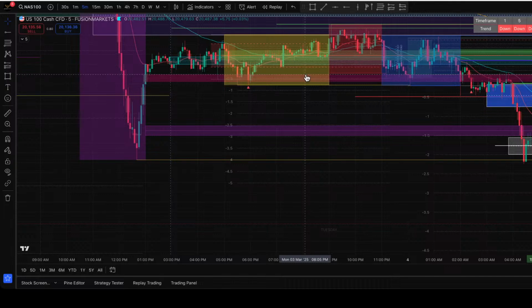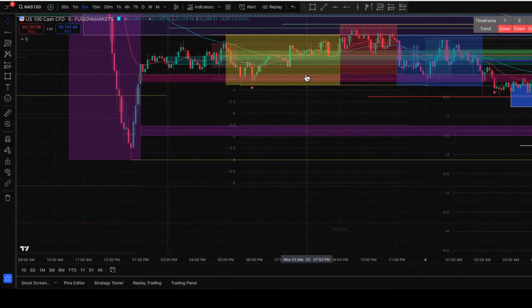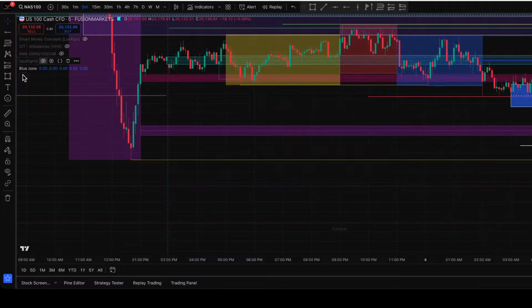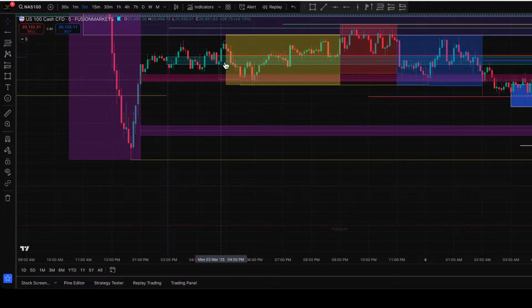So there's Asia's manipulation move. Let me just turn the spotlight strategy off for a second here. So there's the green lines right there, painting out the manipulation zone for you.